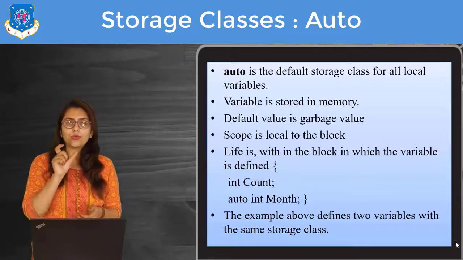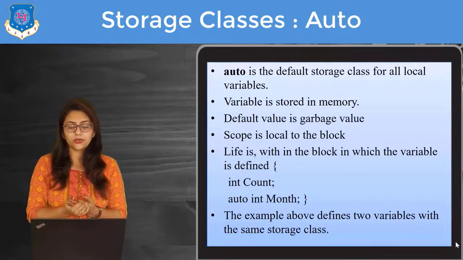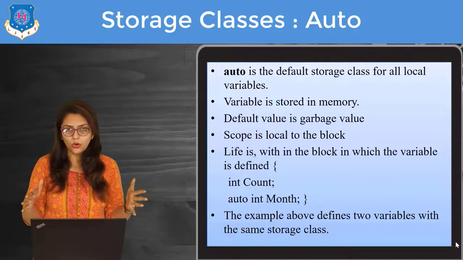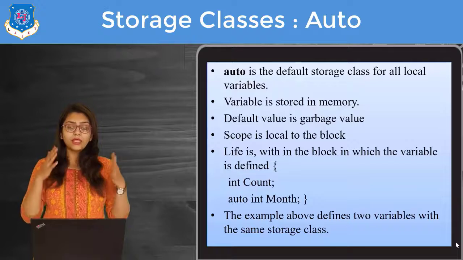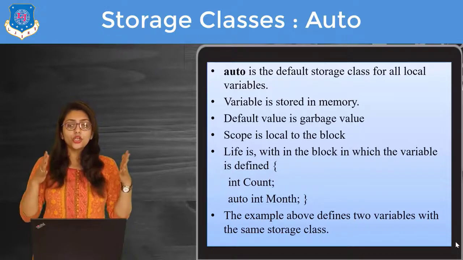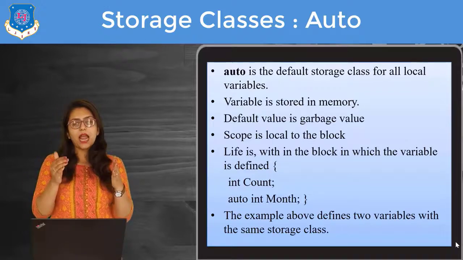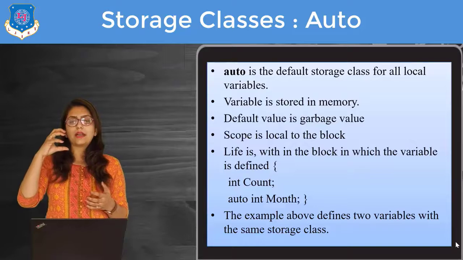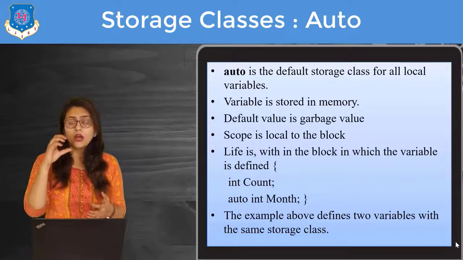The static keyword is used for declaring a variable with the static storage class. So auto is the default storage class for all local variables. The variable is stored inside memory, the default value is a garbage value, and the scope is local to the block. So if you have declared int a inside the main function, then that a can be accessed only within the main function, right?